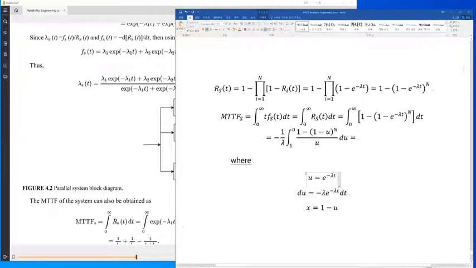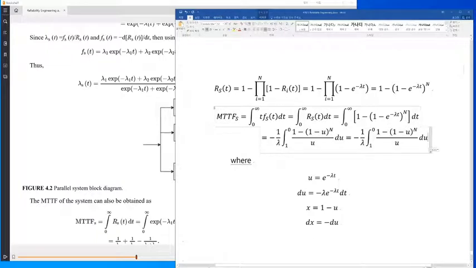So anyway, if we define x like this, then dx is going to be minus du. So instead of u, we are going to have 1 minus x.